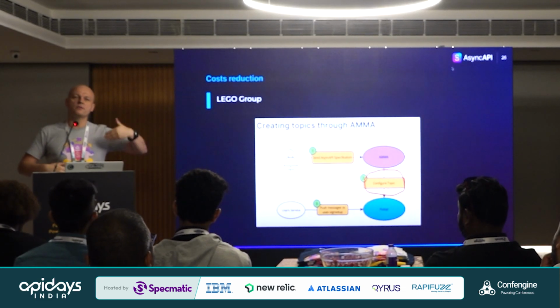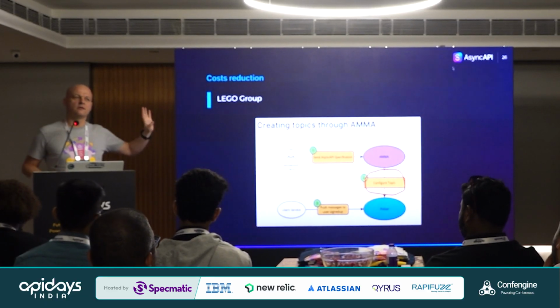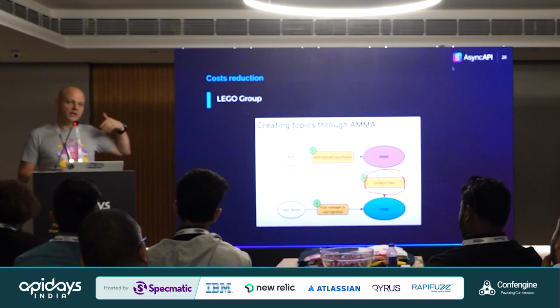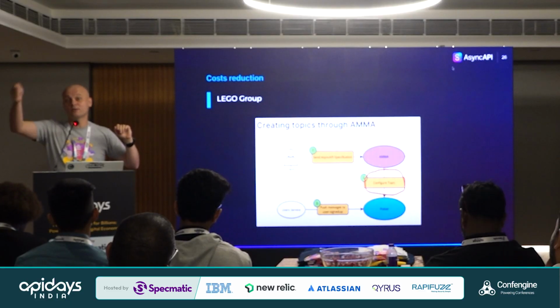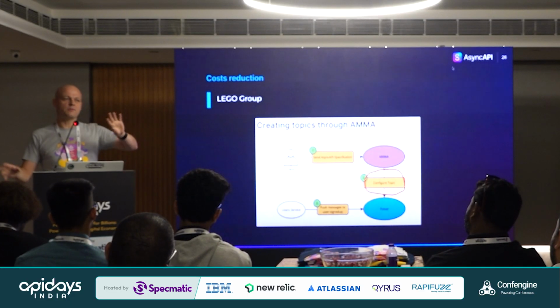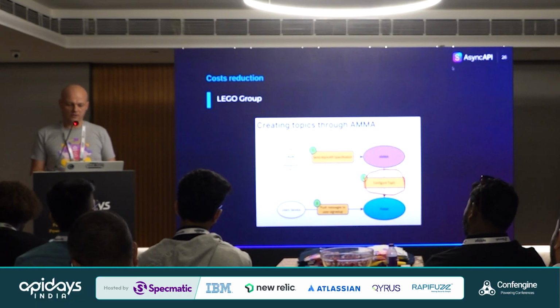So they enabled self-service by treating AsyncAPI as a config. All the teams just have to go through their APIs to get access to the infrastructure, to actually be able to publish to the topics. So it's a connection of AsyncAPI as a config, self-service, but purely for cost reduction in the organization.